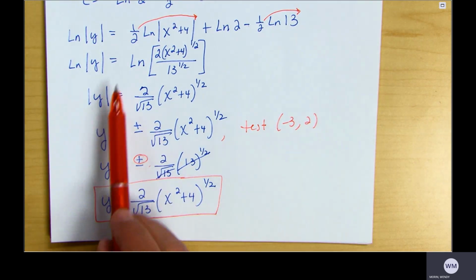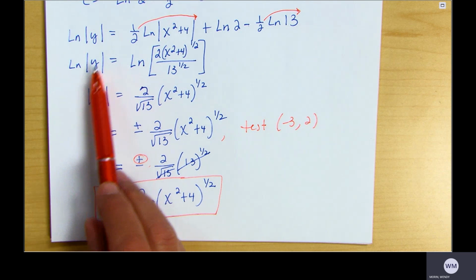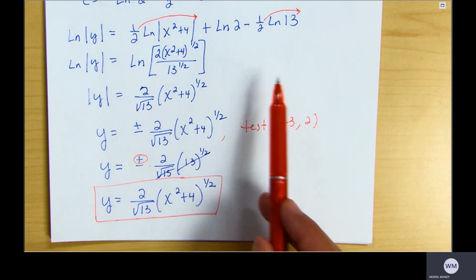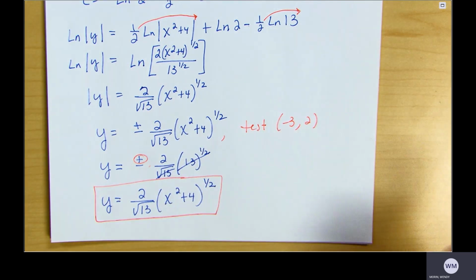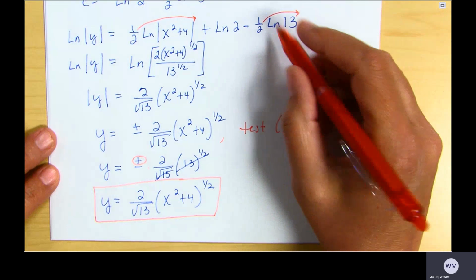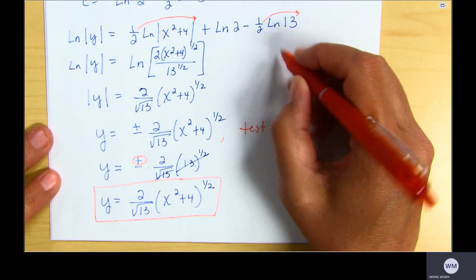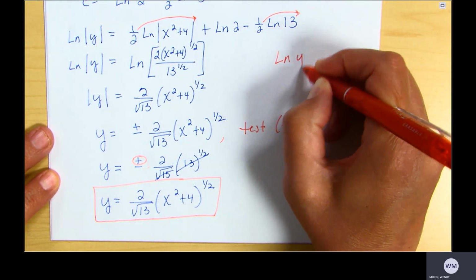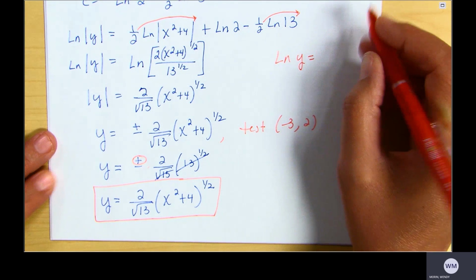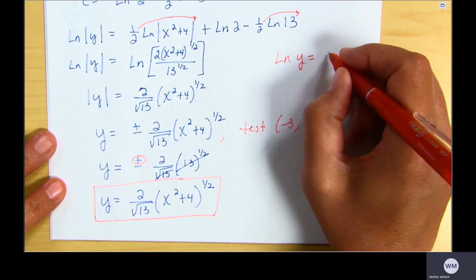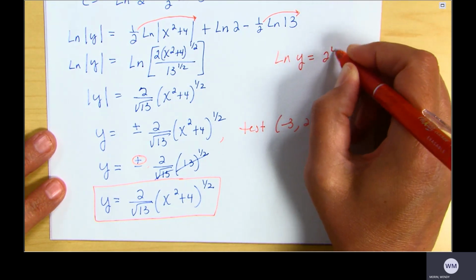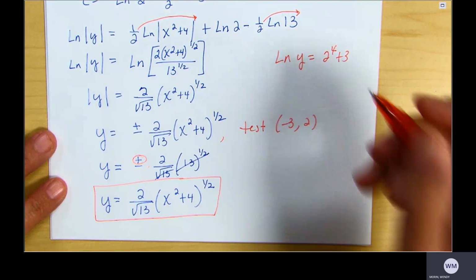Sometimes only one side has the natural log, and you have to remember how to change it from log form to exponential form. Quickly, I'll review that. If you have like the natural log of y equals, I don't know, 2 to the x plus 3. I'm just making something up.